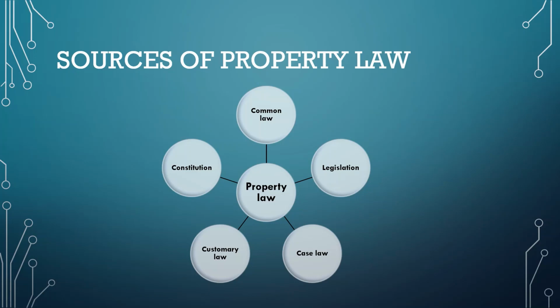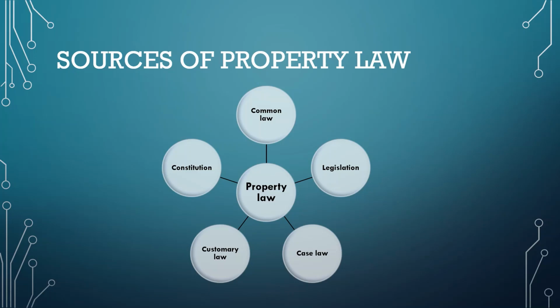We also have case law or precedent, a source of property law that provides for interpretation and application of not only common law principles, but also legislative provisions and also constitutional law imperatives. And that also helps with the development of the common law.